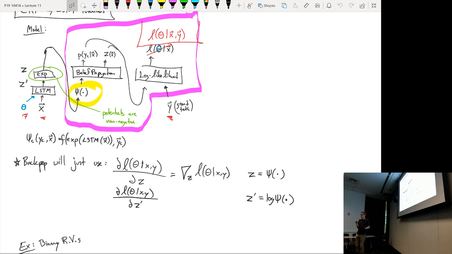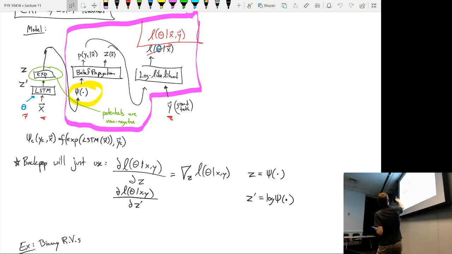And so when we run belief propagation, we have values for all possible assignments to y, because the factors express the full probability distribution over all possible assignments to y.